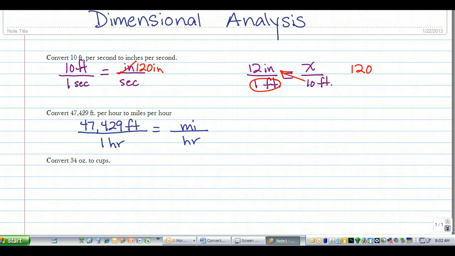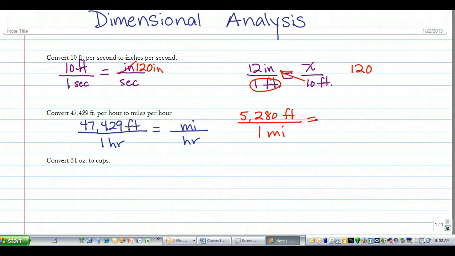Now here is something that you really should try to memorize. There are 5,280 feet in 1 mile. Okay, so let's see if we have to figure out miles per hour. If there are 5,280 feet, I'm going to turn that into my ratio, feet in 1 mile.